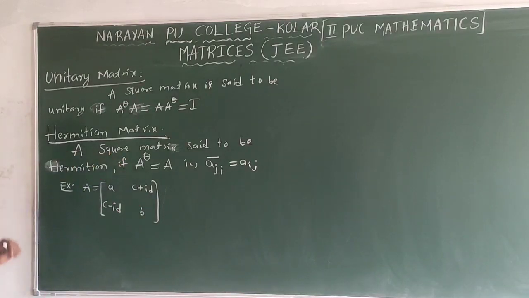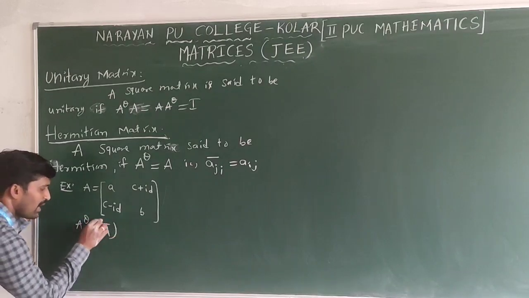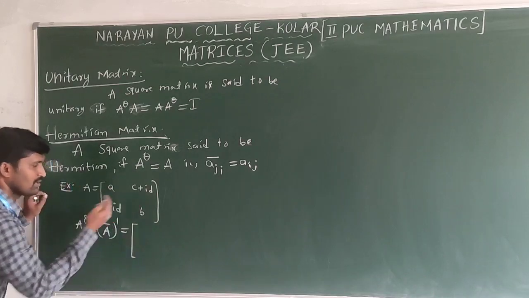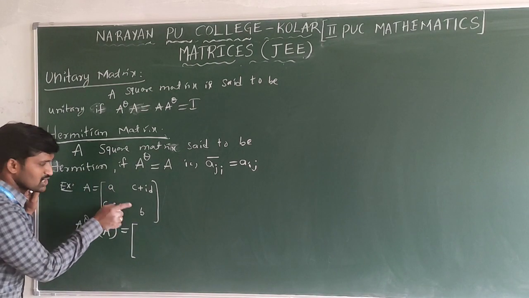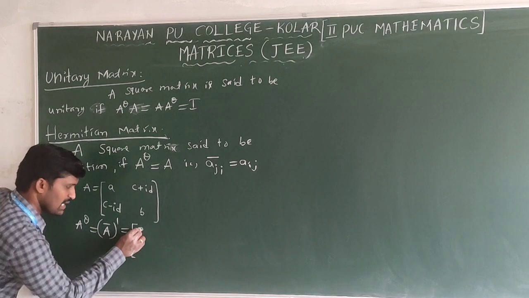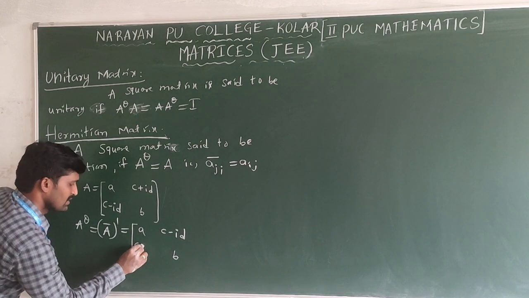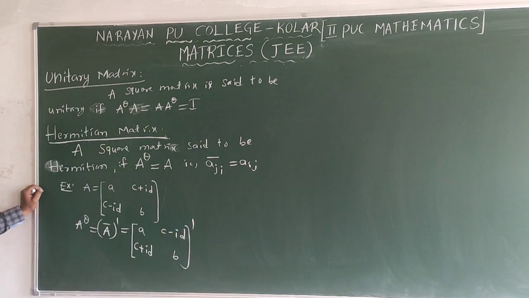Now check for this. A bar theta means what? A bar whole dash. A bar means we take the conjugate of every complex number. These two are not complex numbers, that's why they stay the same, a and b. c minus id, c plus id. For this we take the whole dash, the transpose.